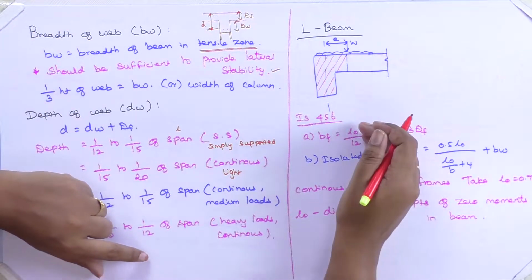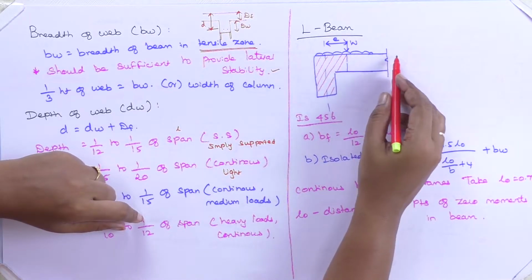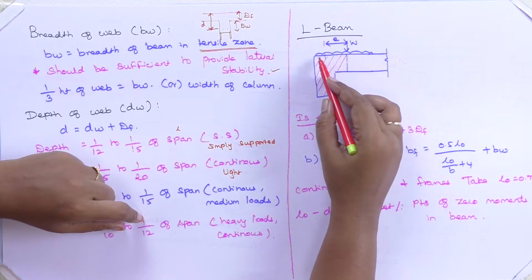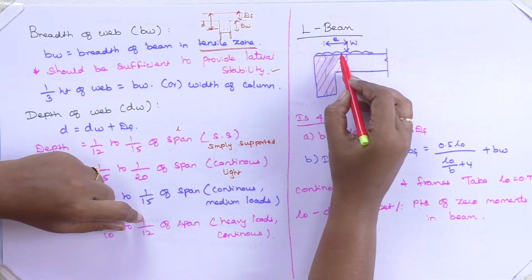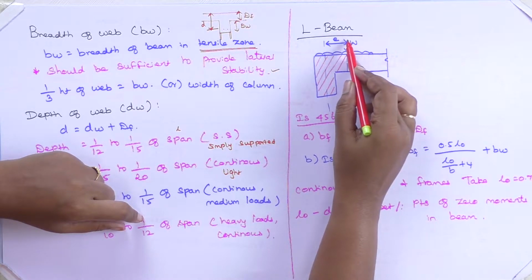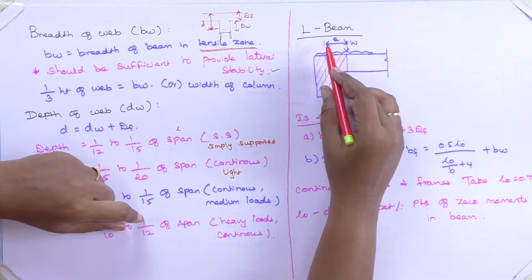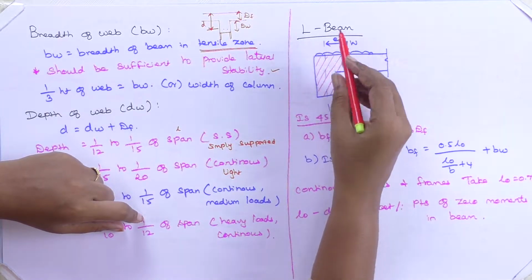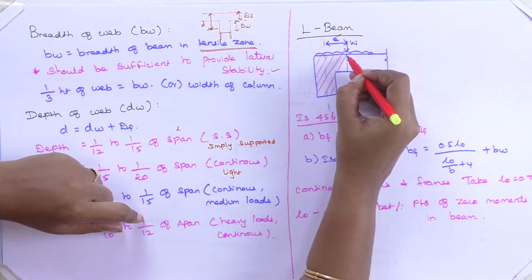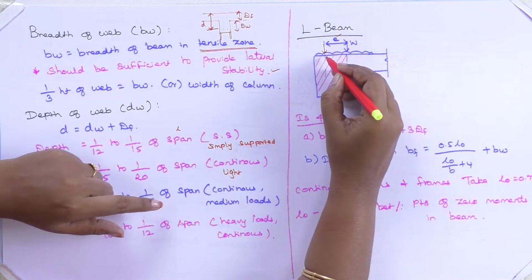We'll see the L-beam system. It is almost the same as the T-beam system, but the only difference is that the beam is at the edge. When the beam is capturing the load W, you may have some eccentric load from the center line of your beam, because the load can't be transferred directly along the center line.